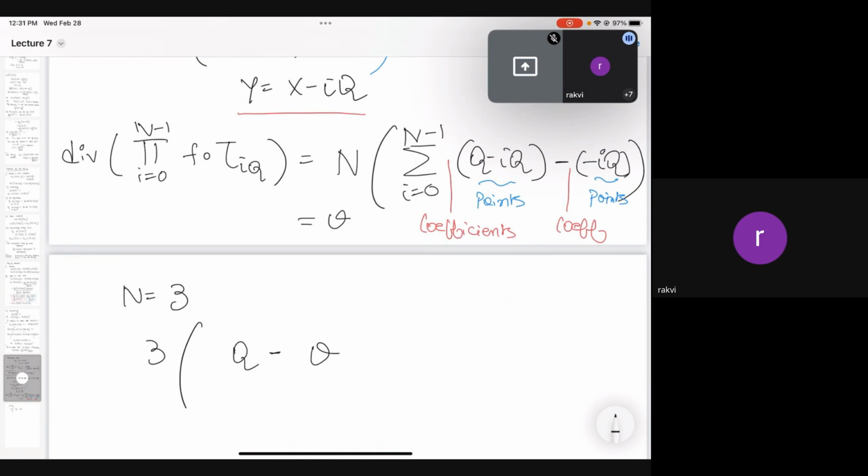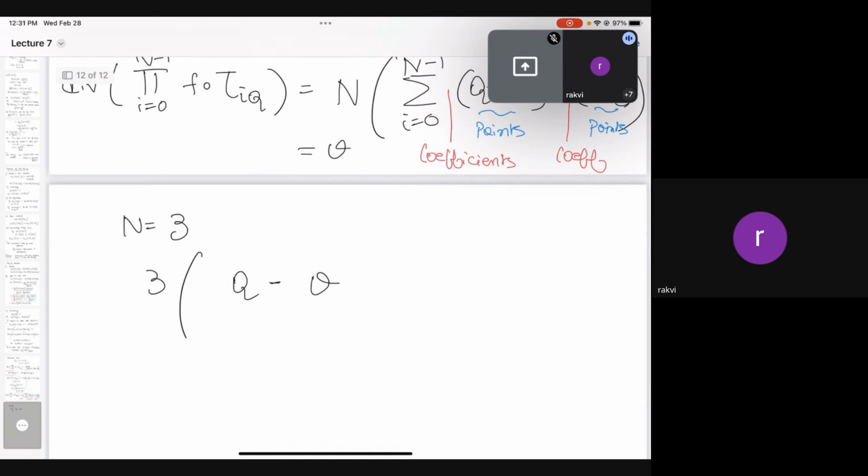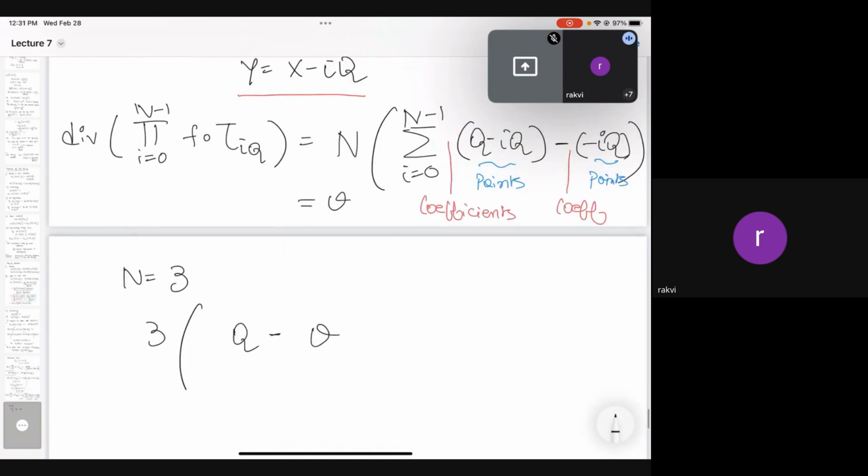And now I look at the second term, i is 0. So I have identity and then minus. So this is my first divisor, q minus 0. Okay. Now the second divisor is when i is equal to 1. When i is equal to 1, I have q minus q. q minus q is simply identity. So I have identity minus 1 times q. So minus 1 times q, or just minus q rather.